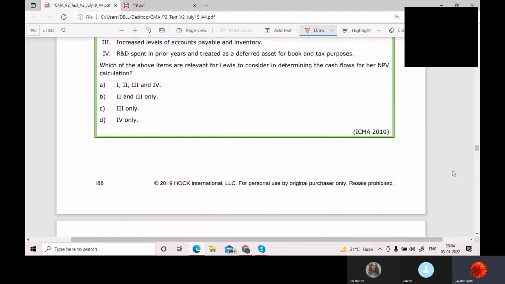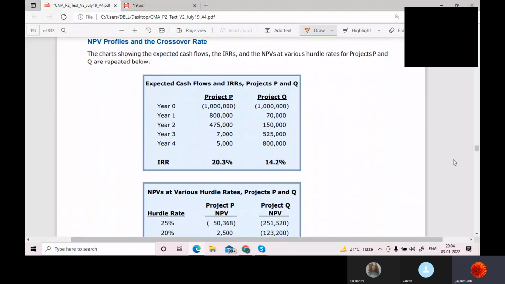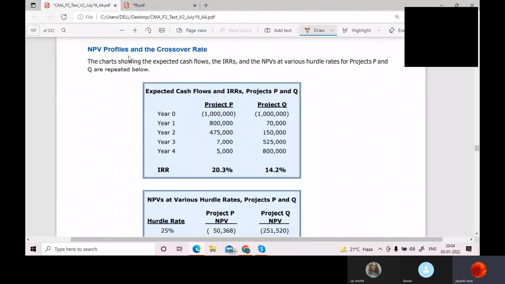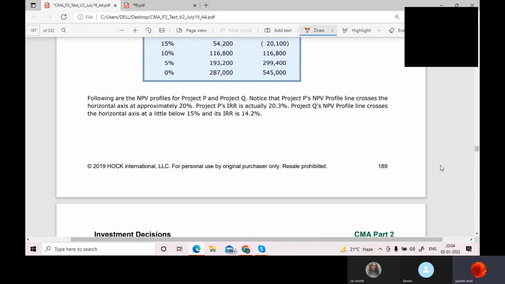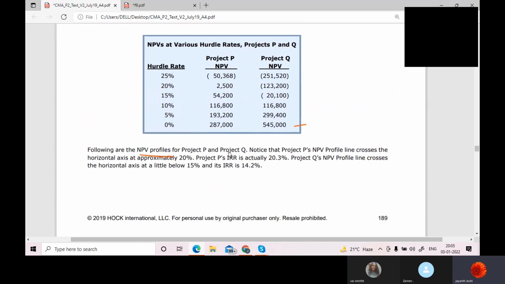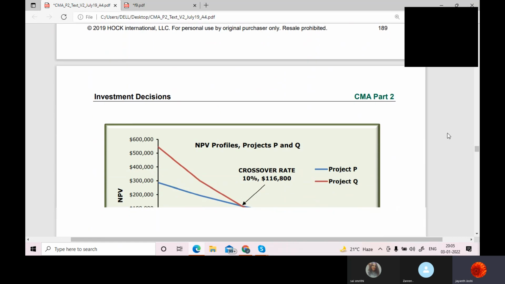So here when we see the crossover rate, NPV profiles on the crossover rate, same question, same values. The following are the NPV profiles for project P and project Q. Notice that project P's NPV profile line crosses the horizontal axis at approximately 20%.